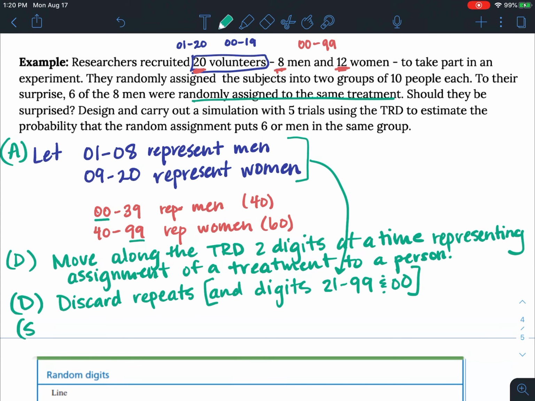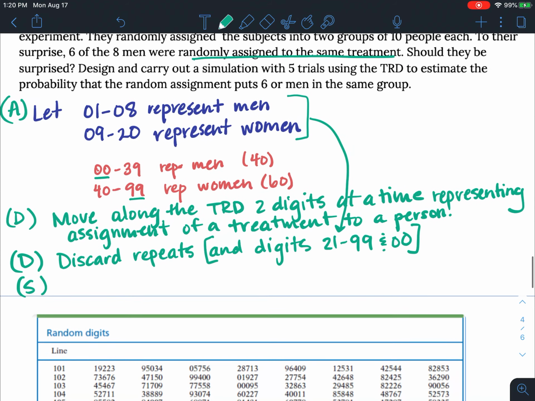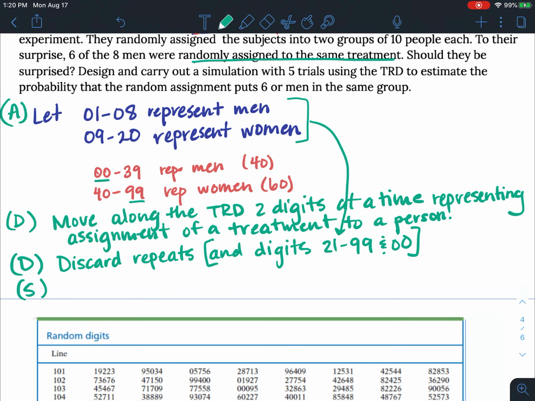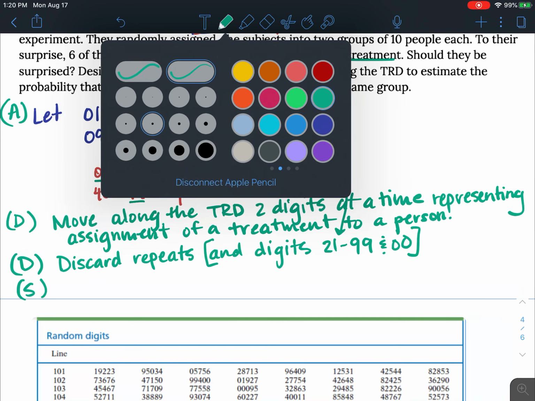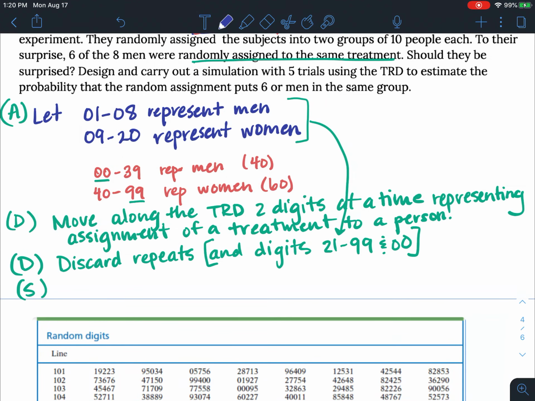All right, now the S, the selection. How do I know when we're done? Let's pretend we're going through to fill this out, doing the blue first. If I move along the table of random digits 2 digits at a time, the first person I got is 19, which in the blue represents a woman. 22, discard. 39, 50, 34, 5.